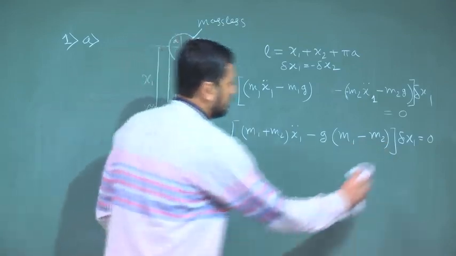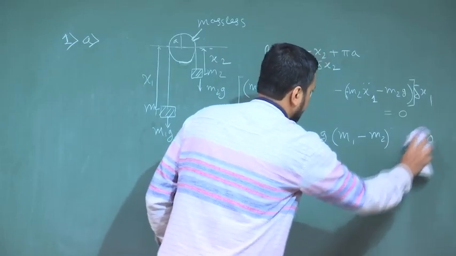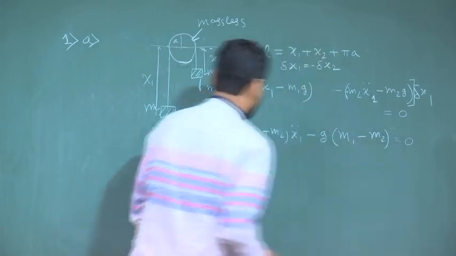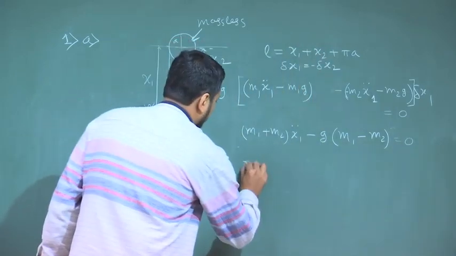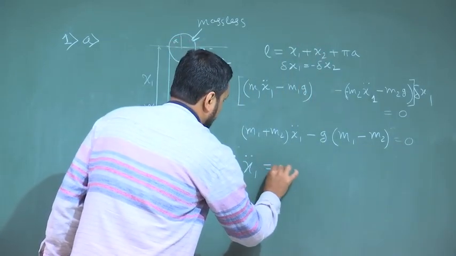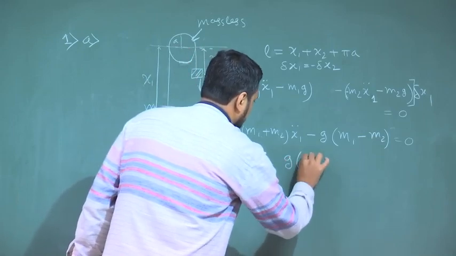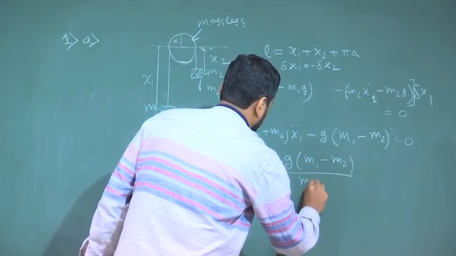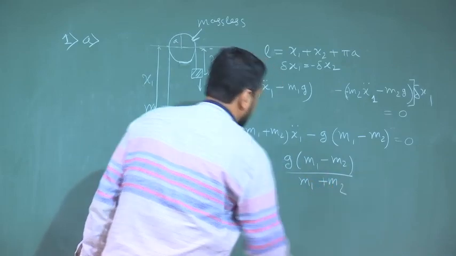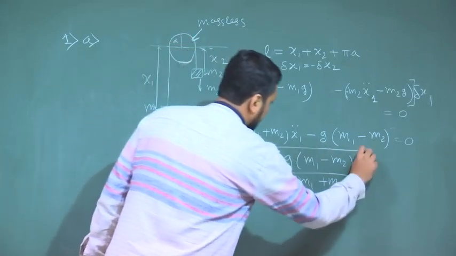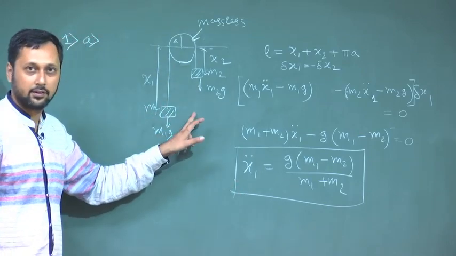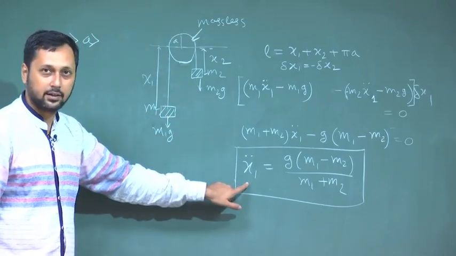So, we can get rid of this delta x1 as well. We put this equal to 0, which gives you x1 double dot equal to g times m1 minus m2 divided by m1 plus m2. Okay, that is it, and this is your very familiar form. If you have a simple pulley mass system, this will be the acceleration.